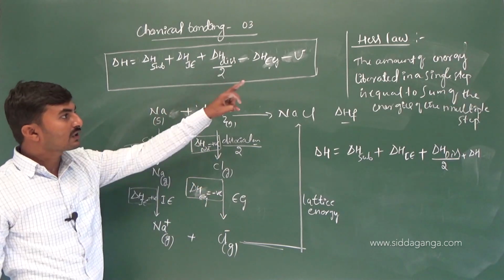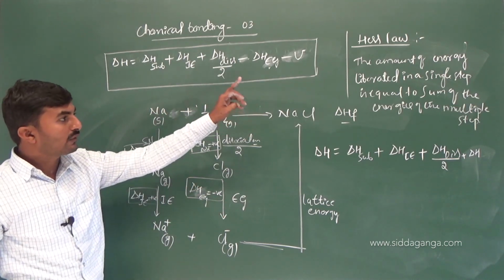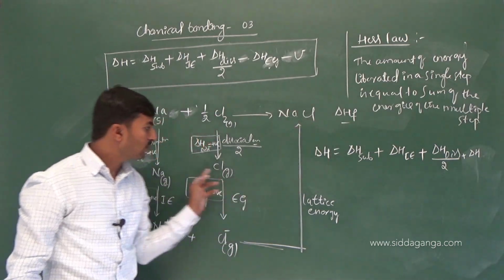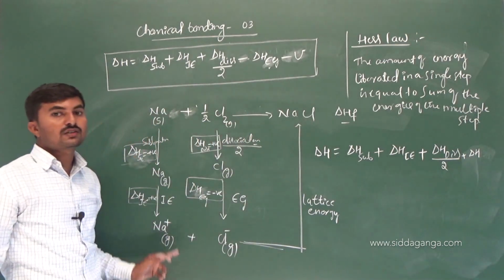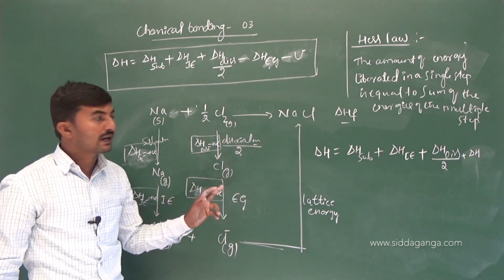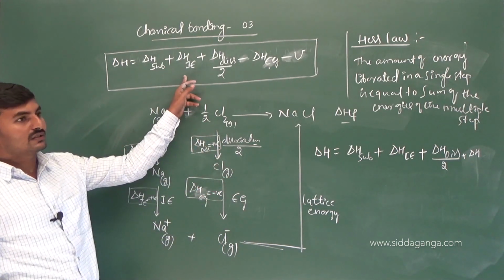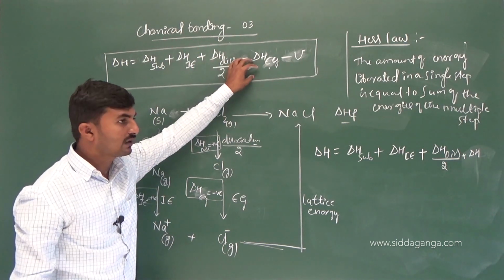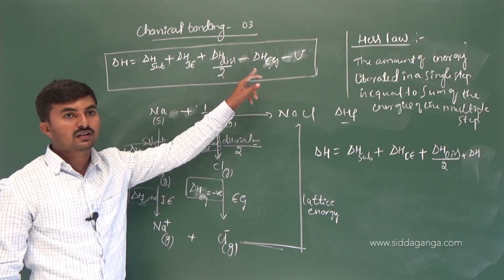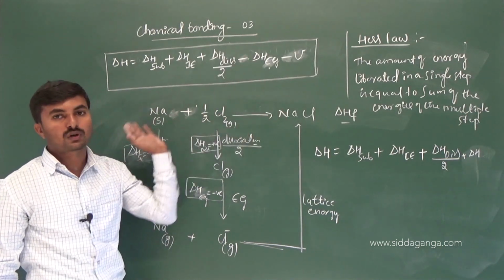Here, according to Hess's law, the amount of energy liberated in a single step is exactly equal to the sum of the energies of all the reactions. That is explained by this reaction. By using this condition, we can calculate the lattice energy of an ionic compound more easily.